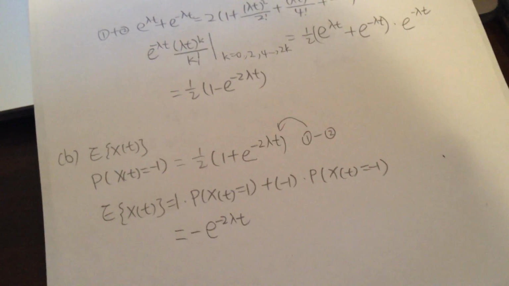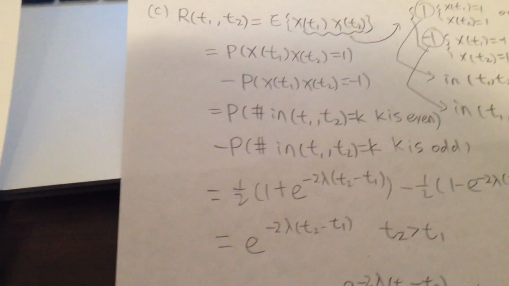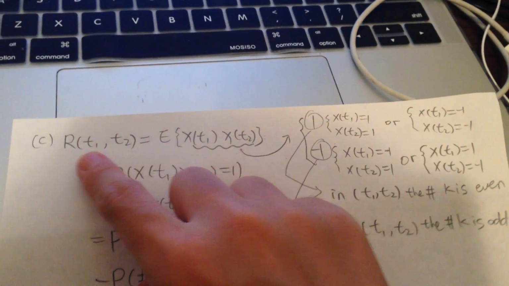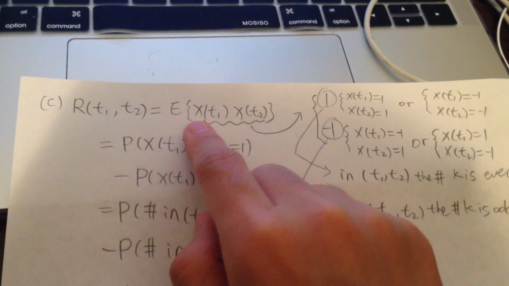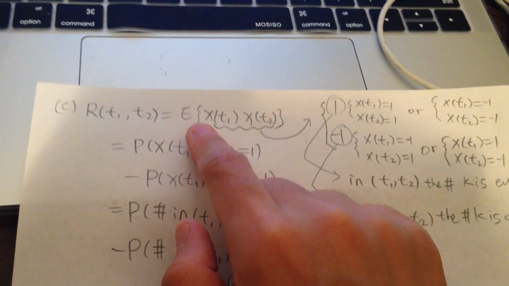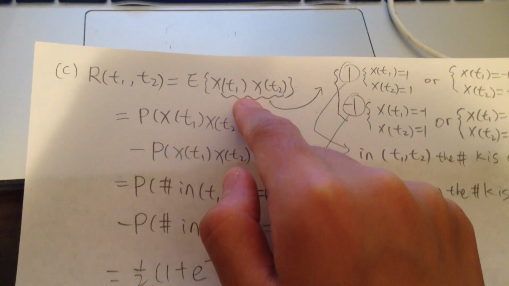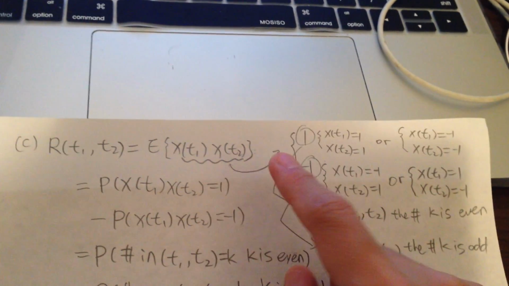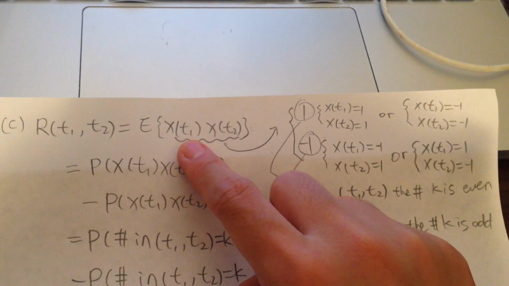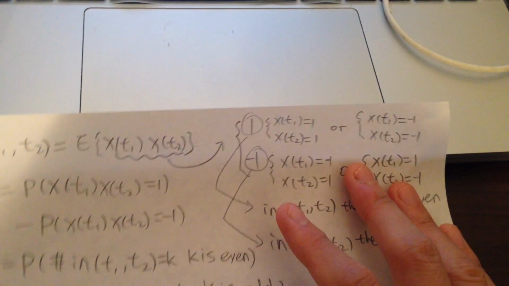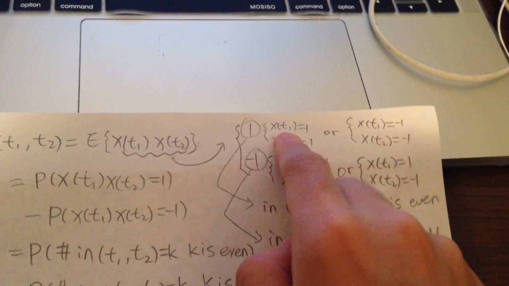Now for part 3, we need to find the autocorrelation of T1 and T2. According to the definition of autocorrelation, R(T1, T2) equals the expectation of X(T1) times X(T2). From this question, we know that for X(T1) times X(T2) we have two conditions. One is that this value equals 1.